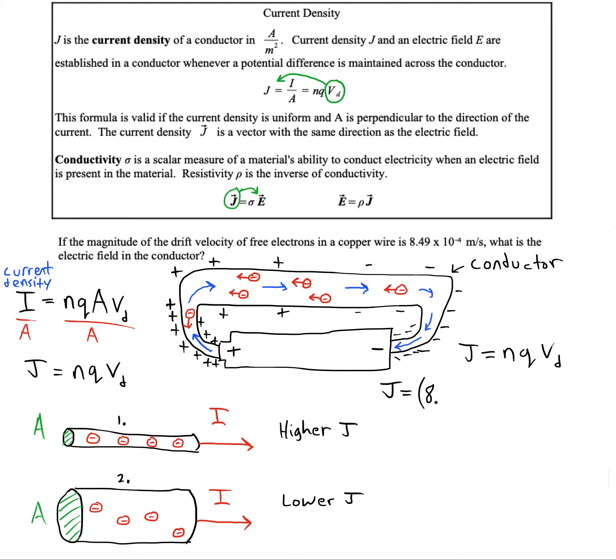Copper has a free electron density of 8.5 times 10 to the 28. Our charge carriers are electrons.